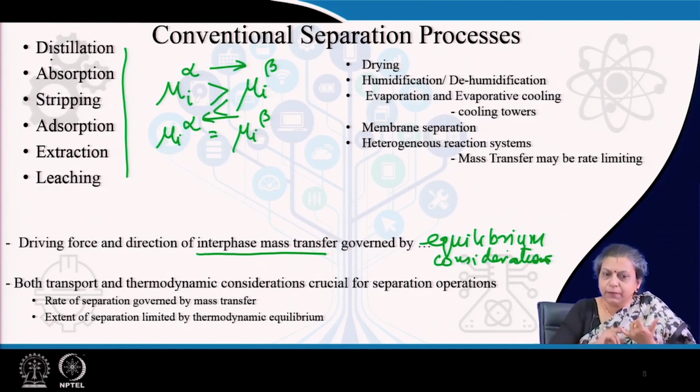For example, the temperature of the air, the velocity of the air, the rate of diffusion of the liquid from the inside of the solid to the surface. So, there are a large number of things.